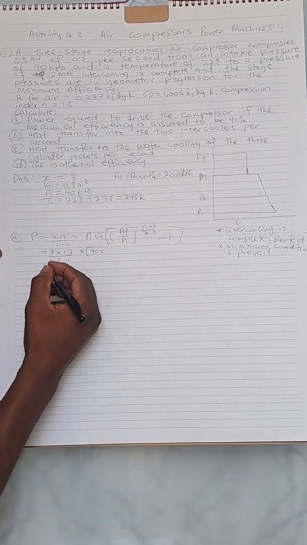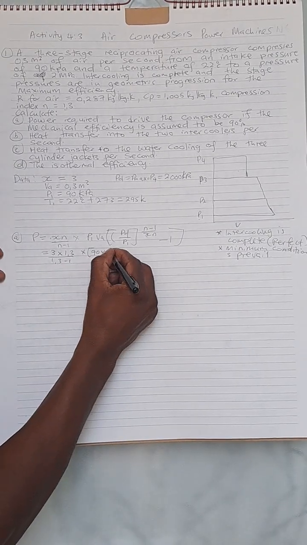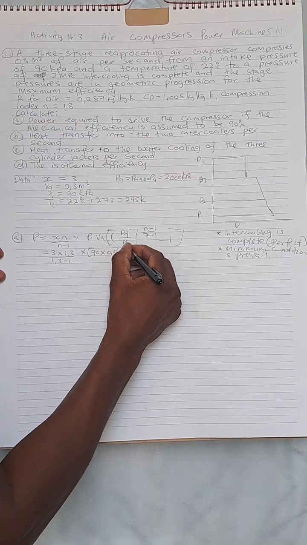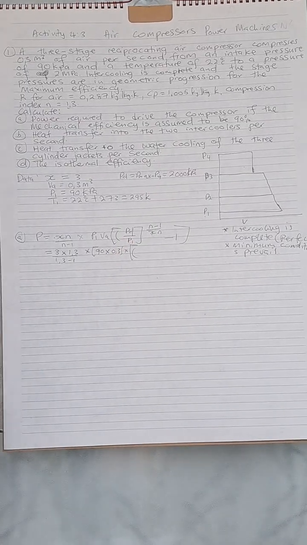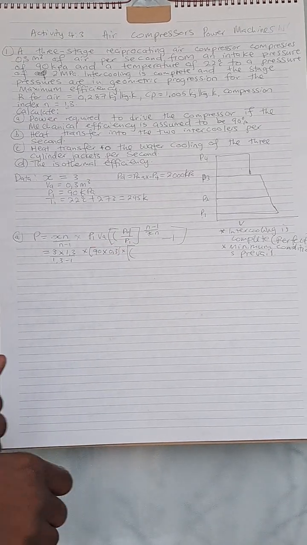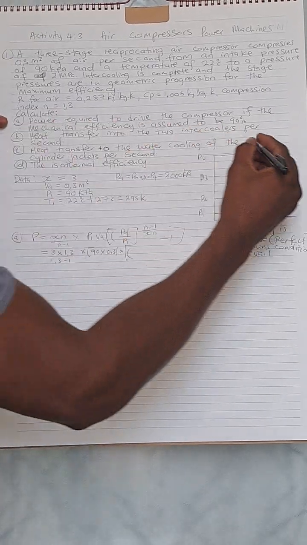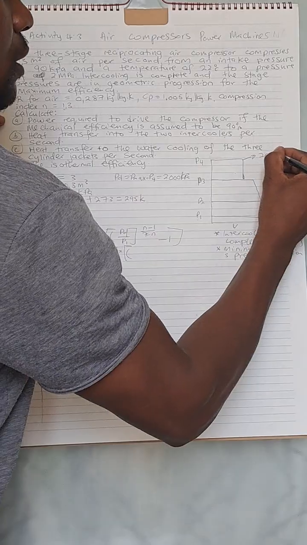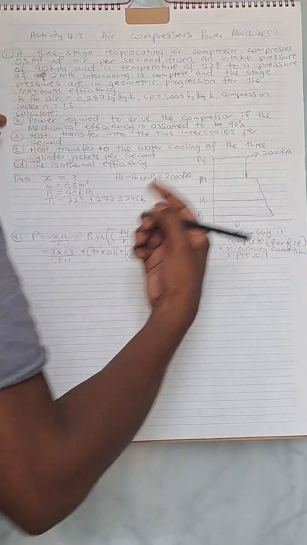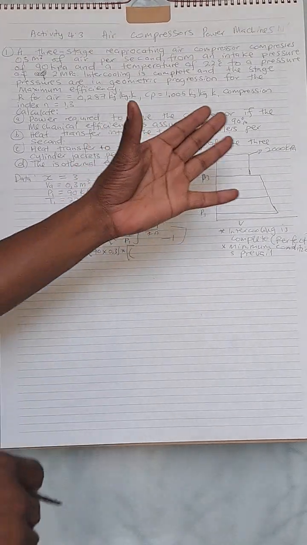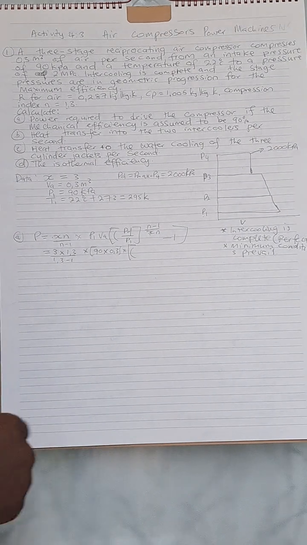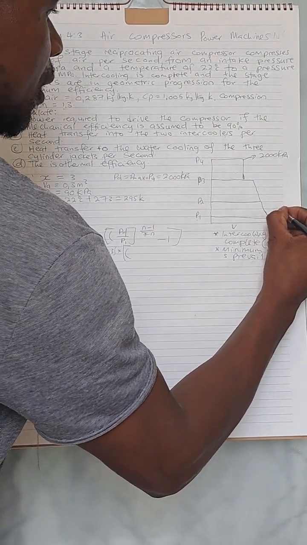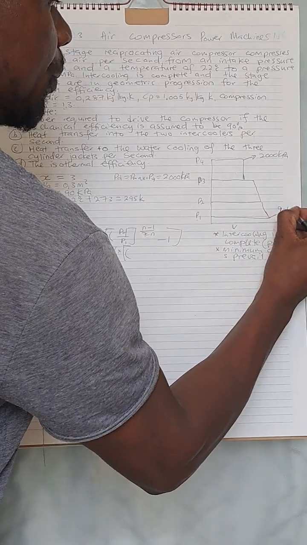Our VA is given as 0.3, times our P deliver. Our P deliver, that's our P4, was given as 2000 kilopascal. Remember, it's 2 megapascal, so we converted megapascal to kilopascal. Our P1, we said, is given as 90 kilopascal.